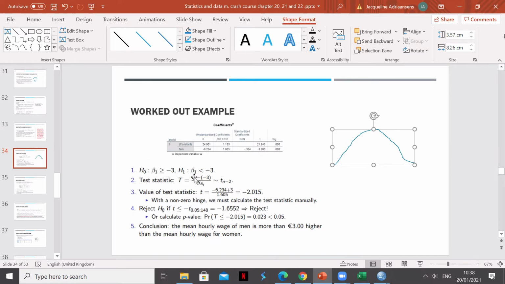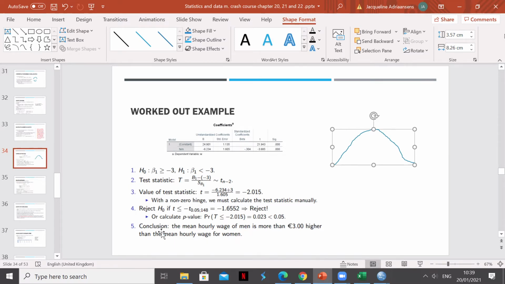We reject this, so we tentatively accept this. Thus, we conclude that the mean hourly wage of men, or I would say there is enough evidence, because the thing is, you cannot say this is true. You think because this is false, this might be true, but it might not. So I would say there is enough evidence to suggest that the mean hourly wage of men is more than €3 higher than the mean hourly wage for women.